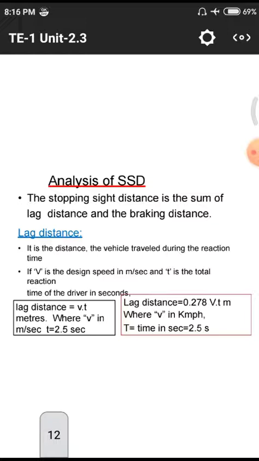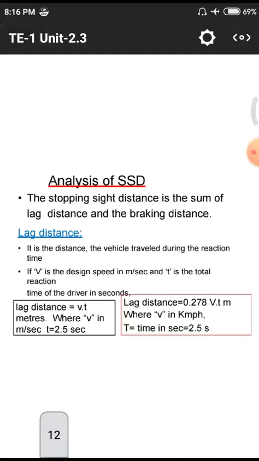Next, if v is the design speed, we calculate the design speed in meters per second or kilometers per hour. Depending on those two units, the formulas will vary, because 1 meter per second equals 18 by 5 kmph. We need to have those two formulas.